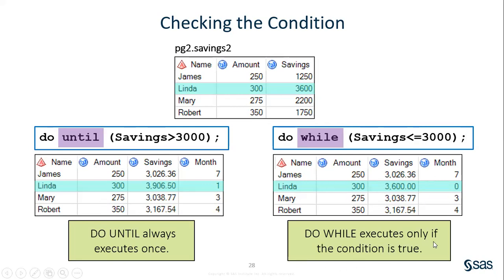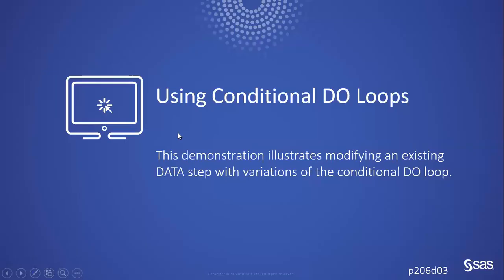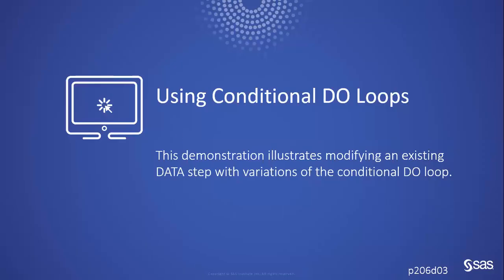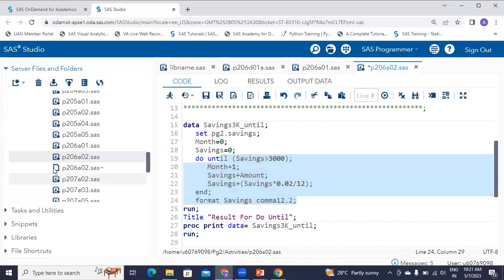So while executes only if the condition is true. That's why the condition we write is opposite to until. All good? Yes, ma'am. Fine. So what you can do is we can just open this demo D03.